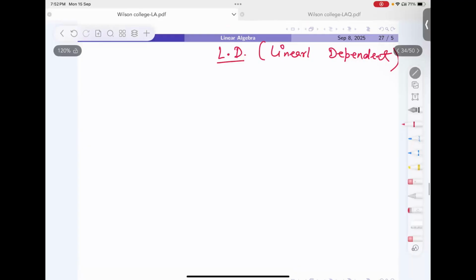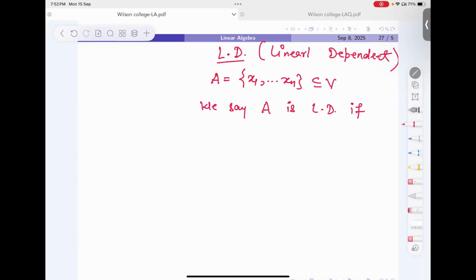So suppose you have a subset A, a finite subset of a vector space V. We say this set A is linearly dependent if we can find scalars, say lambda1 to lambda n, at least one of them is non-zero.